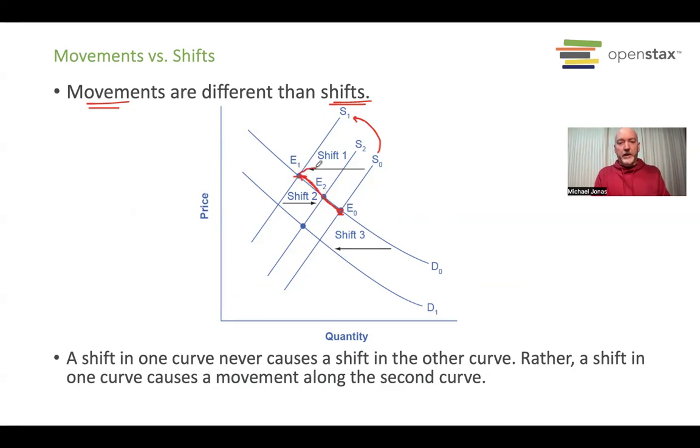Something causes supply to turn around and shift to the right from S1 to S2. It's another movement along the curve, movement along demand. It's not until something else happens, one of those demand determinants changes, that we would depict this as a shift in demand, which is going to create a movement along the supply curve.